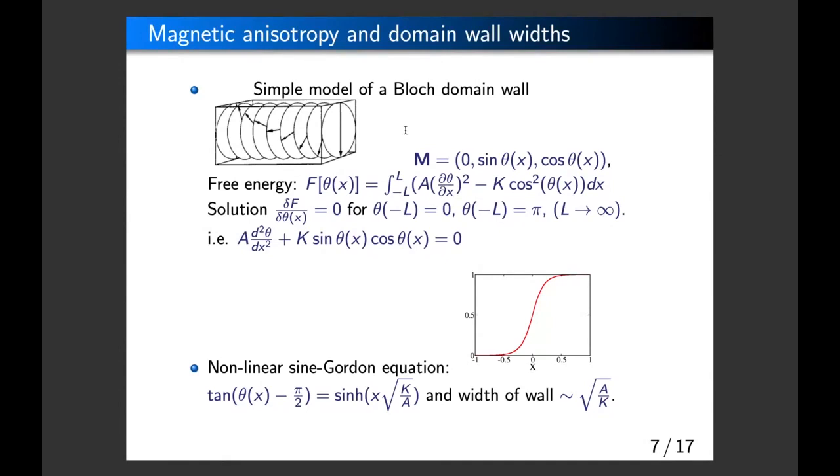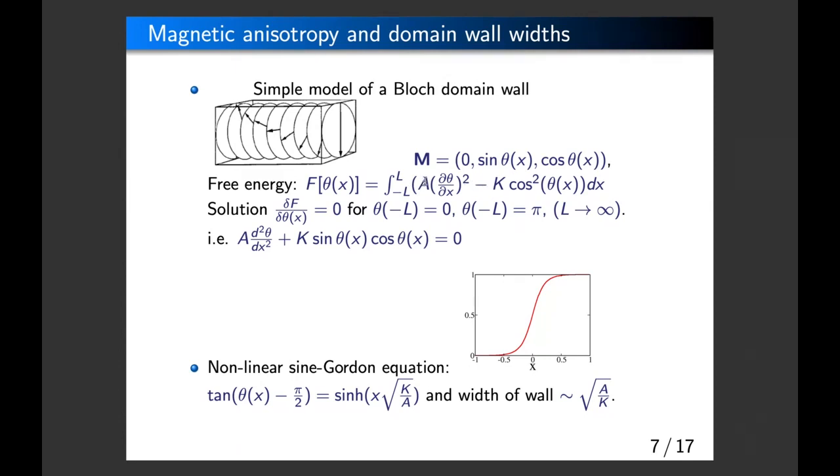So there are two domains, and the magnetization is pointing up in one domain and down in the other. With those boundary conditions applied, we can now look at the free energy and try to minimize it to find the magnetic profile. The free energy simplifies into the term shown on the slide.